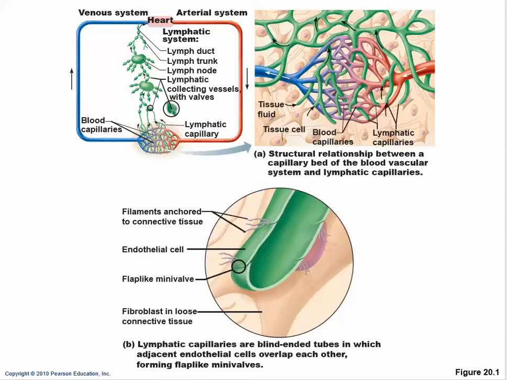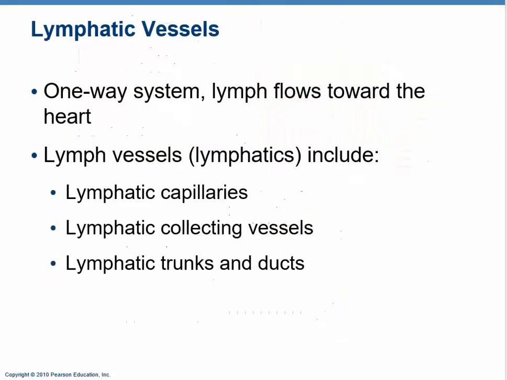We're going to look specifically at lymph capillaries in a few minutes, but this is a picture of what they end up looking like. They're kind of blind-ended tubes. So the lymph vessels themselves are like veins.